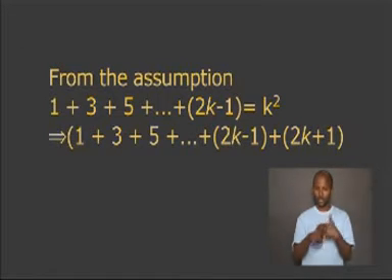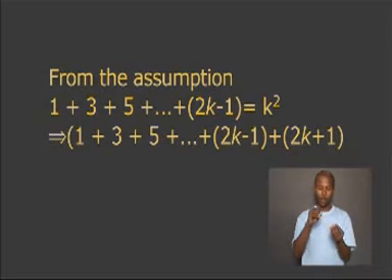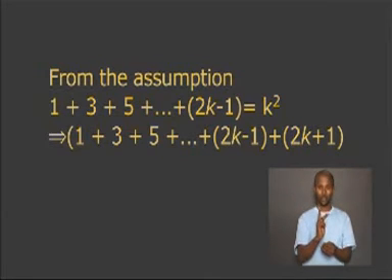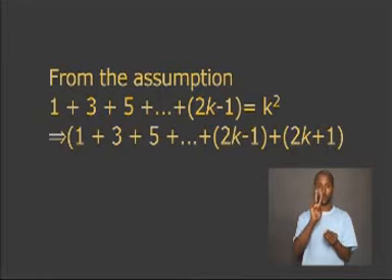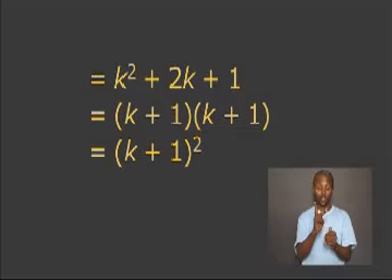Then 1 plus 3 plus 5 and so on plus 2k minus 1 plus 2k plus 1 equals k squared plus 2k plus 1.